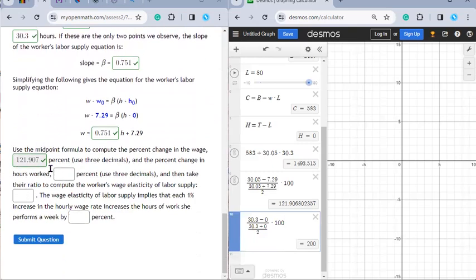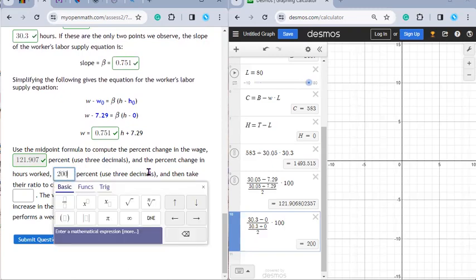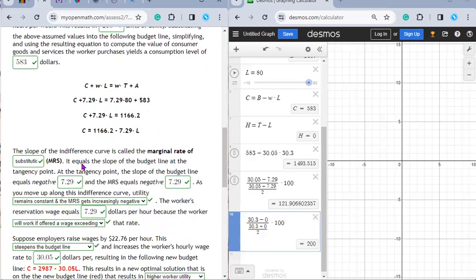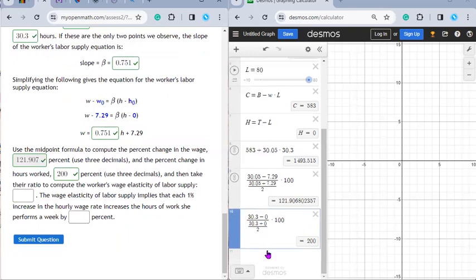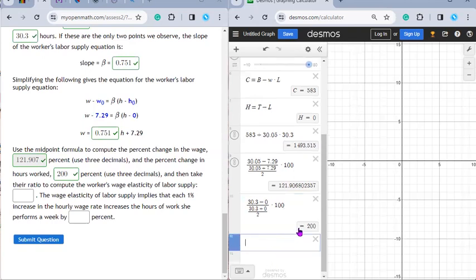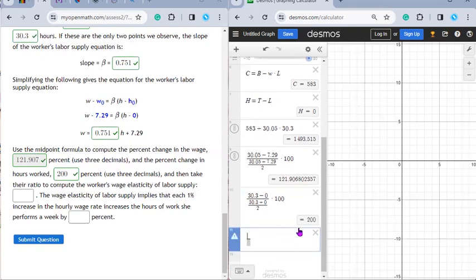So when the wage went up by 121.907%, hours worked increased by 200%. We're going to take the ratio of these two numbers to compute the worker's wage elasticity of labor supply. So I'm going to do a fraction.